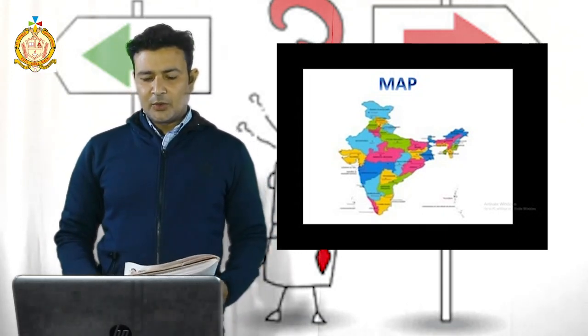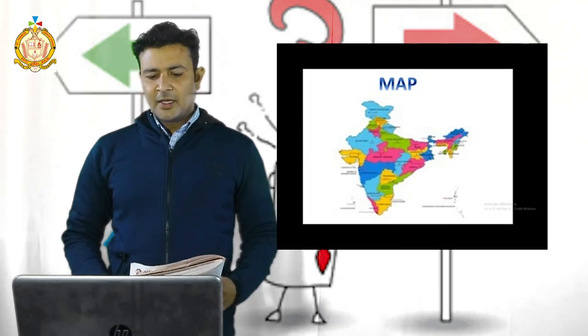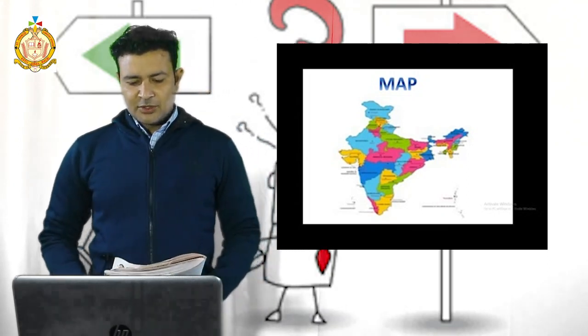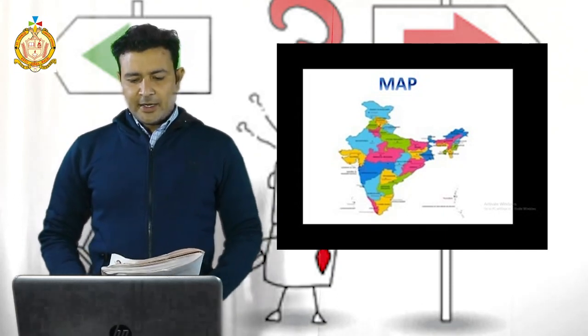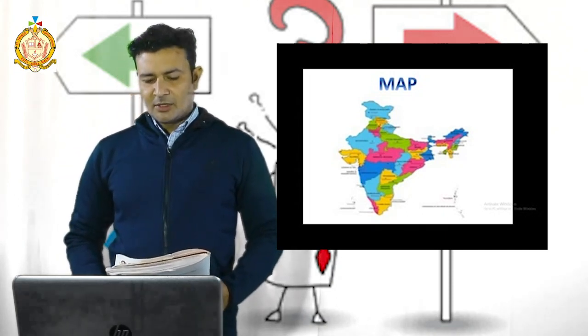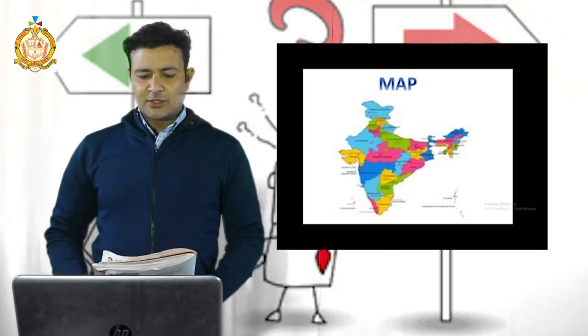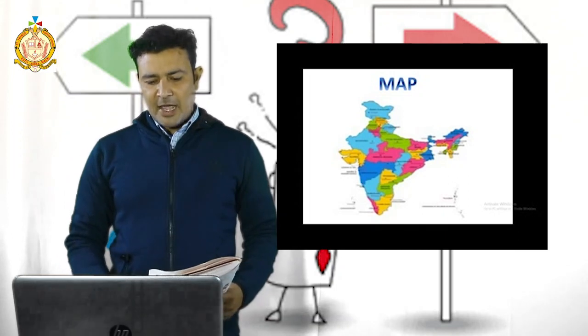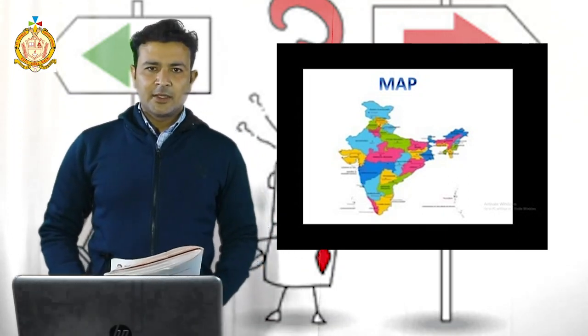I told you, in the head you have the north side. At the top we have Jammu and Kashmir, and at the bottom, the south side, we have Kerala, and here on the east side Arunachal Pradesh, and on the west side Gujarat. Here is west. So this map is also helping to find the direction.